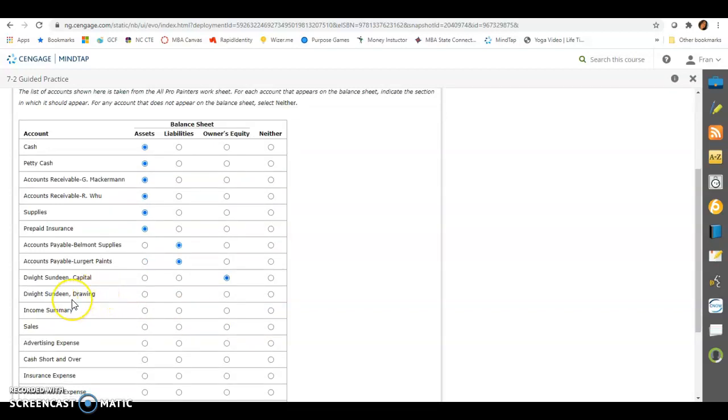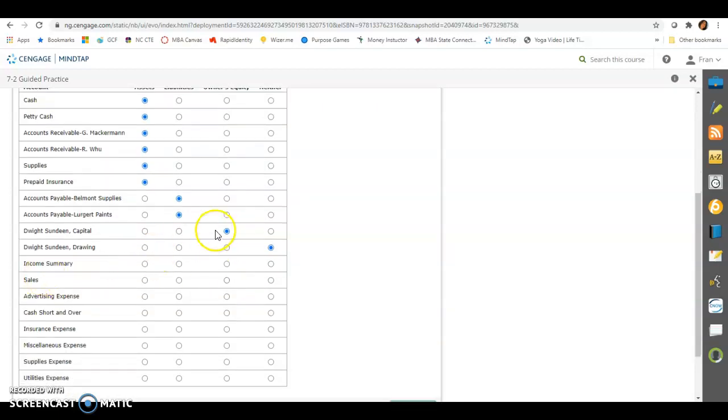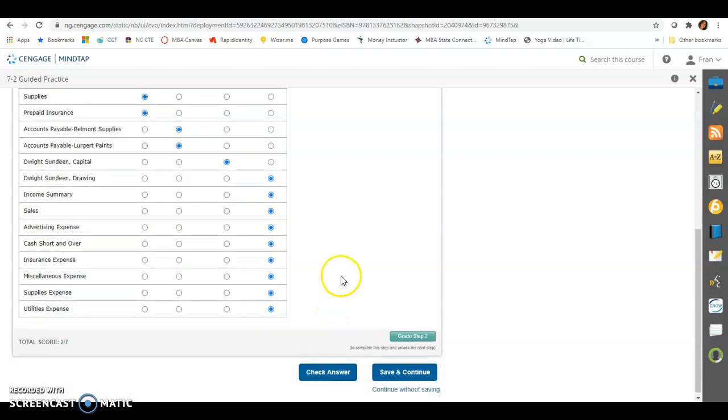The next one, Dwight Sundin drawing, we're going to put down as neither, because that's part of the capital. So we're going to leave that off. That will become part of the capital. And then all the rest of these, sales and all of them, are part of the income statement. So that's not any of these because they're income and expenses.